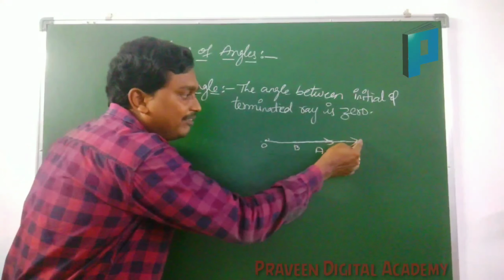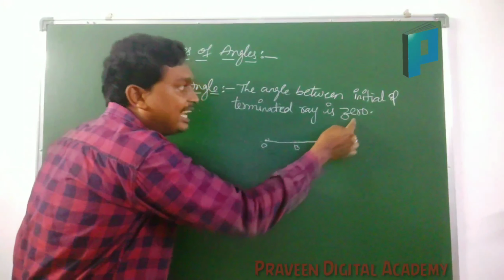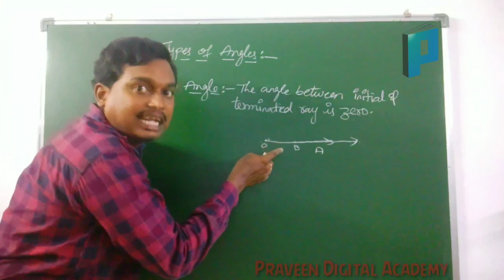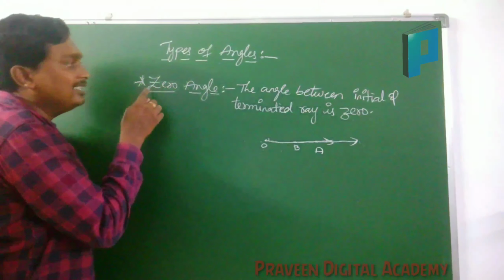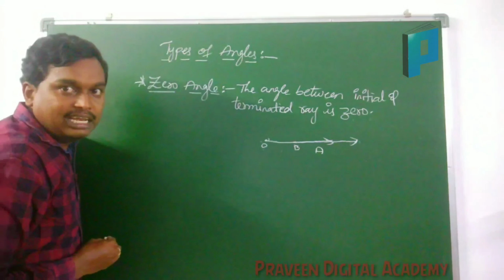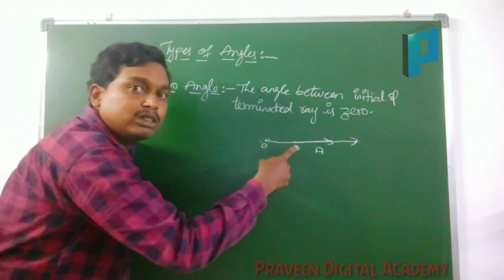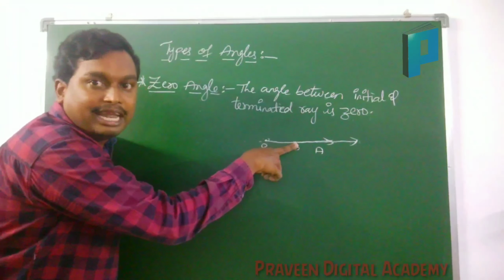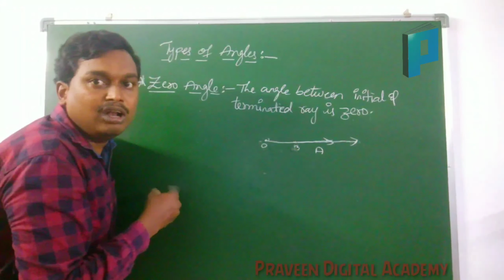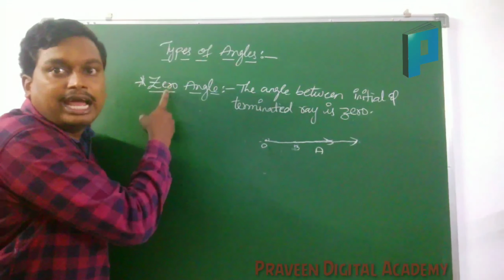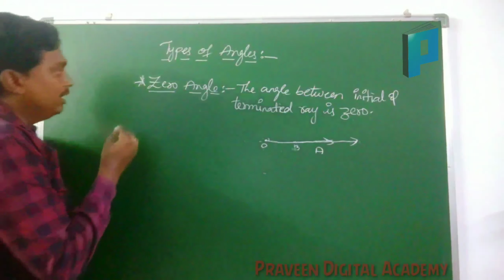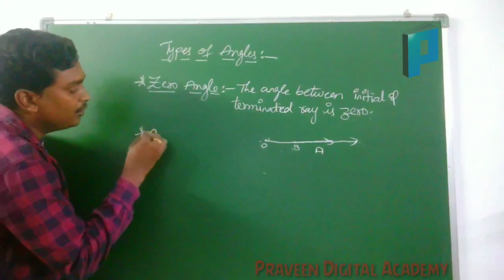If the angle between the initial ray and terminated ray is zero, such kind of angle is called zero angle. If the initial ray and terminated ray both are on the same ray, then we call such an angle a zero angle.